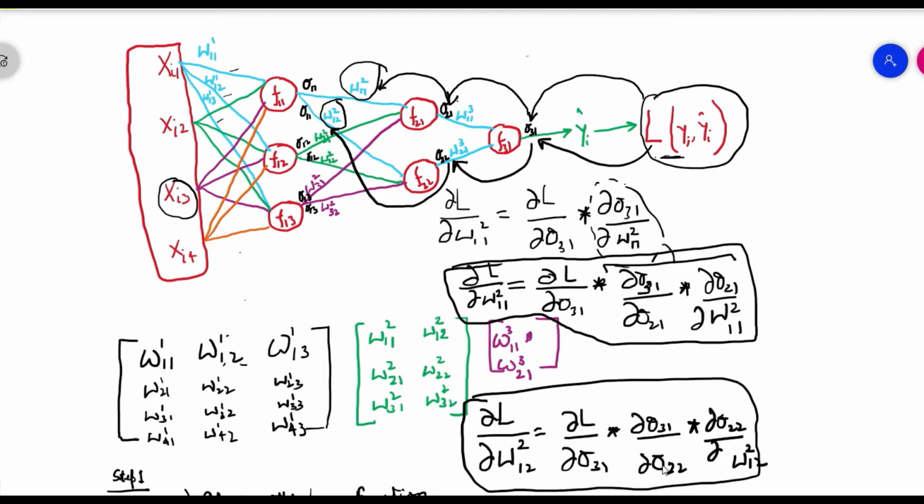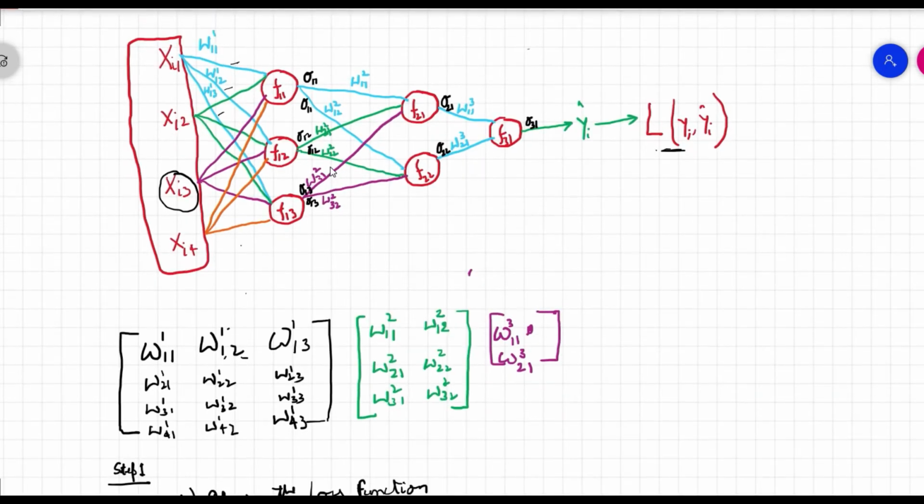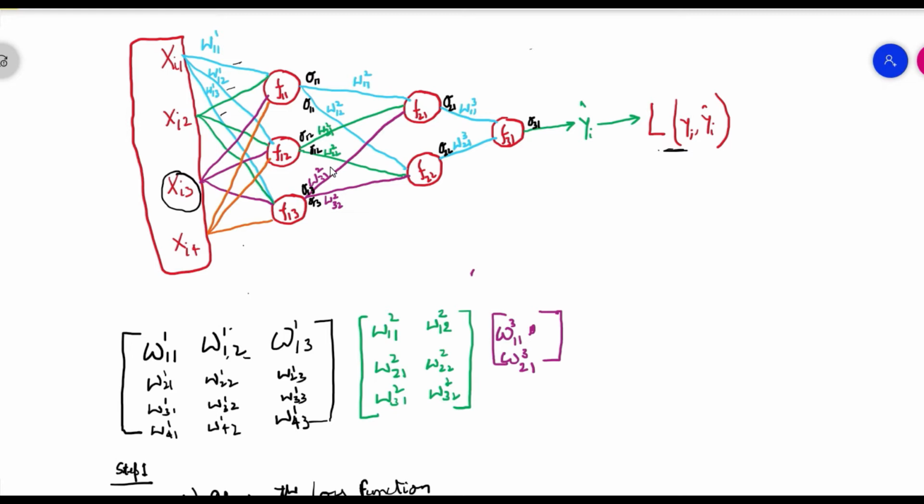So for that we'll have to clean our slate again. Let's do that. Once again, in the same manner, we can see that our W231 is impacting our output O21 over here, and this output O21 is impacting our output O31 over here, and this output O31, or the y-hat, is impacting our loss function.